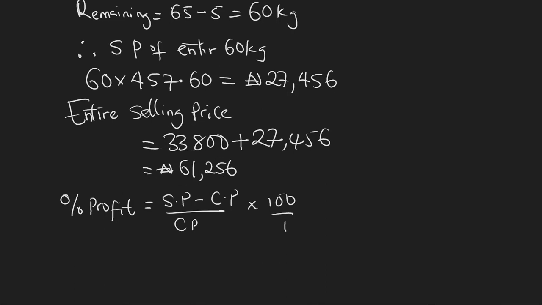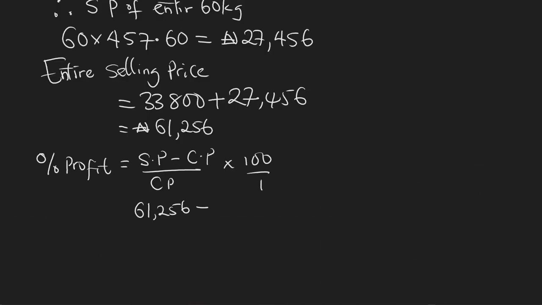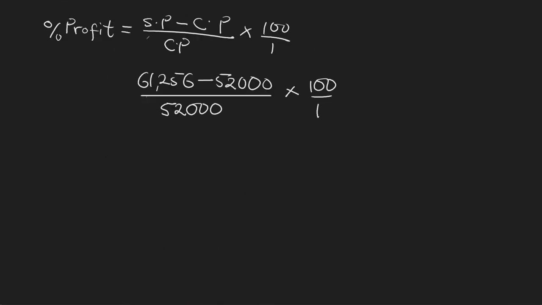So we're going to have minus, what is our cost price? The entire cost price we saw in the question, it was 52,000. So minus 52,000 over our cost price, which is 52,000, times 100.